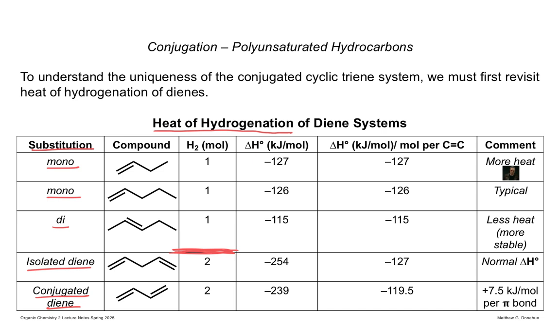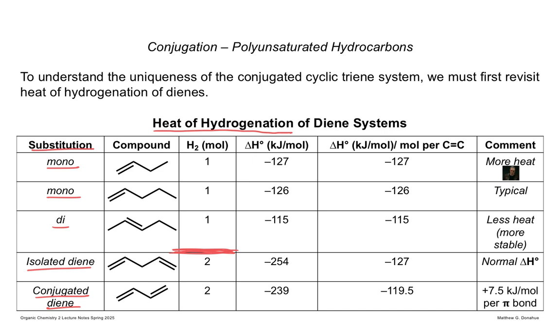The fourth column is the enthalpy change in kilojoules per mole. The fifth column is the enthalpy change divided by the moles of H2 that were used. So essentially you're either dividing by 1 or 2 based on column number 3. And then the last column is just some comments about the trend.